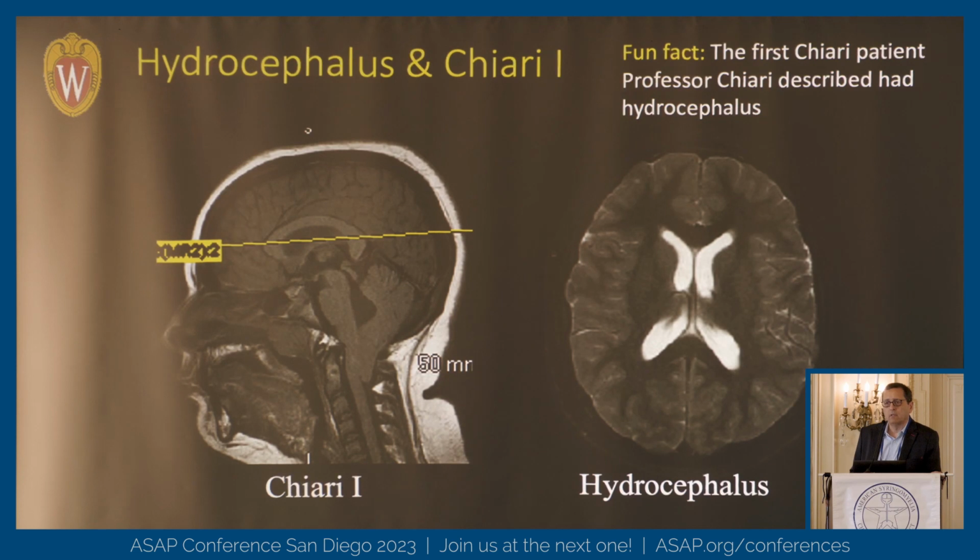Okay. Now, our interest is Chiari malformation and the association between hydrocephalus and Chiari malformation. And as was mentioned before, the first documentation by Professor Chiari of the Chiari I malformation is someone with hydrocephalus.